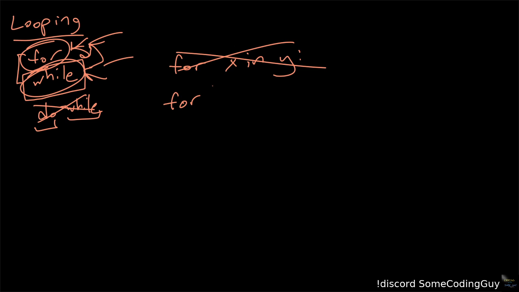The first one is your starting value. And then there is what I always abbreviated as my while condition. So it's the condition that the loop will keep on looping as long as that condition is met.